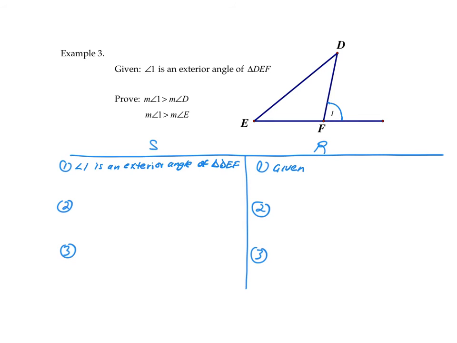And what we know about that is that the measure of angle 1 is actually equal to the sum of the measures of the two remote interior angles. So you can say it's equal to the measure of angle E plus the measure of angle D. So you can just say the exterior angle theorem.